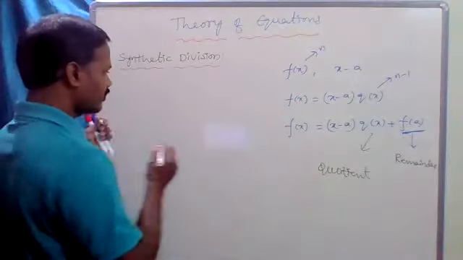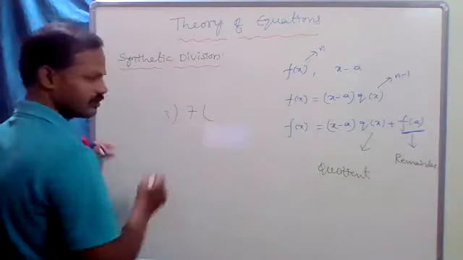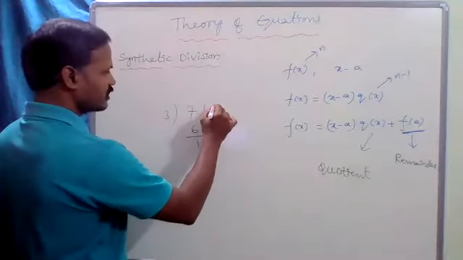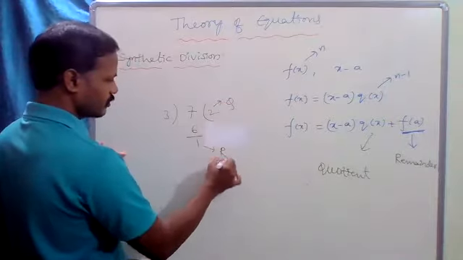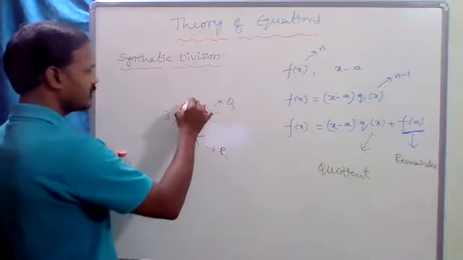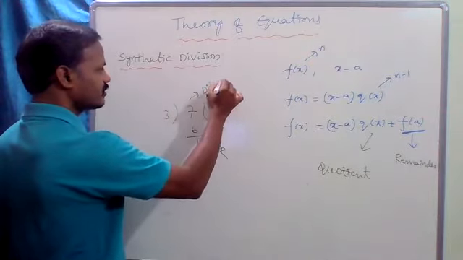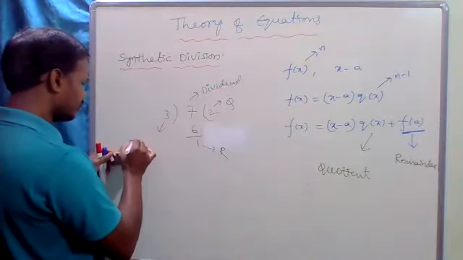Just like if you divide 7 by 3, 3 twos are 6, remainder 1. So this is the quotient, this is the remainder, this is the dividend, this is the divisor.